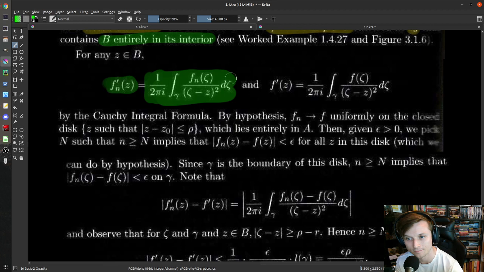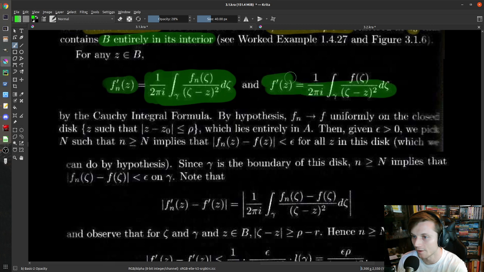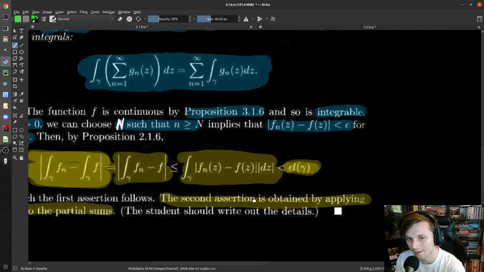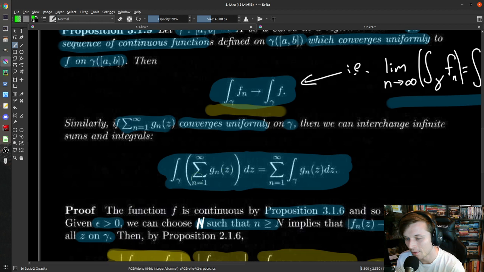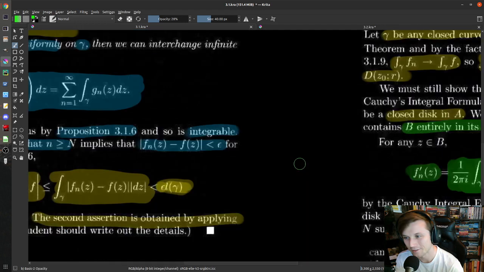Easy. And of course, we can do the exact same for f. Nothing fancy. But wait a second. Didn't we just prove something about commuting contour integrals with series or contour integrals with sequences?